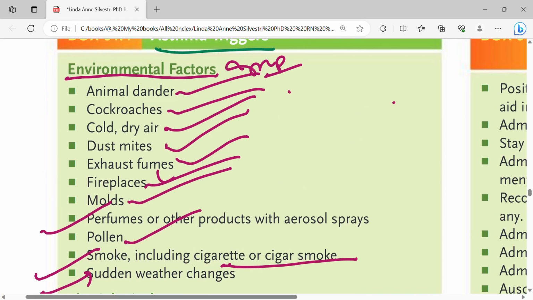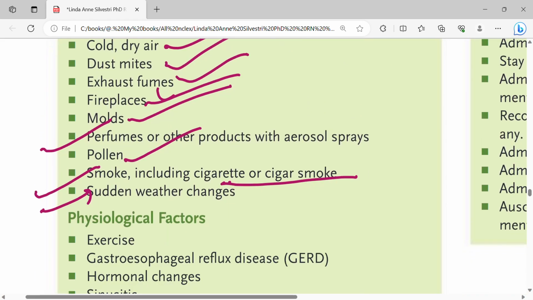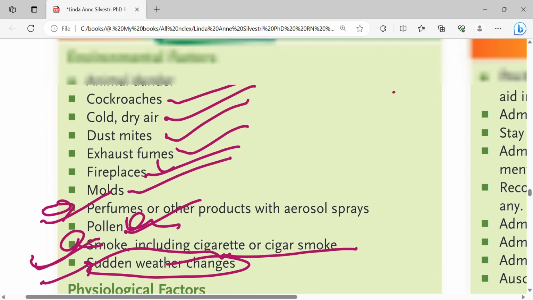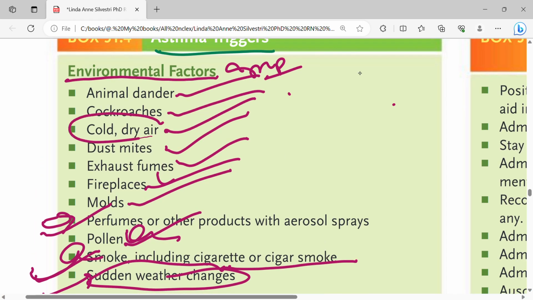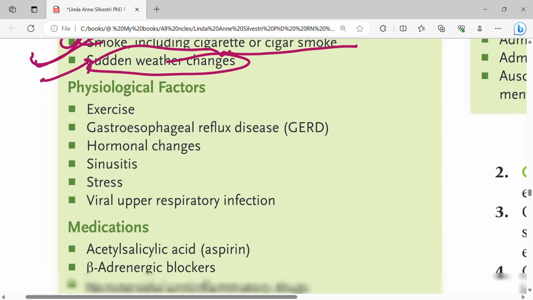Perfumes, smoke, and pollen grains are very important; sudden weather changes are the main thing, and cold and dry air also.